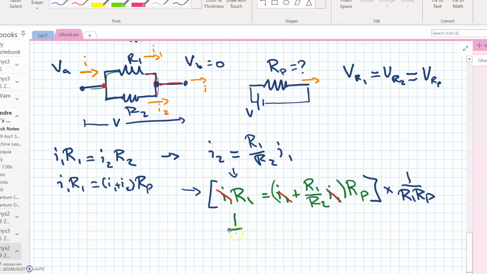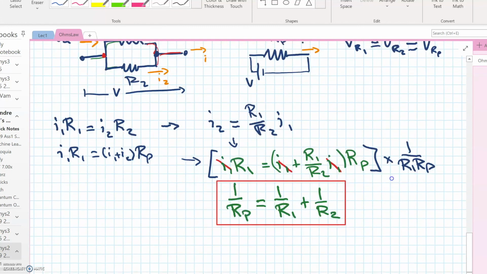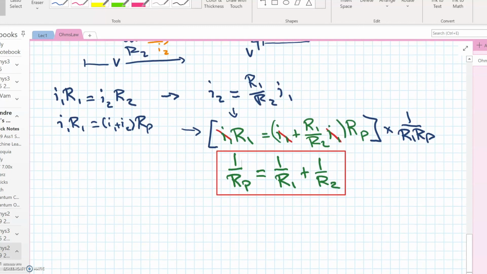And we will have 1 over RP is equal to, we'll get a cancellation of an RP here, 1 over R1 plus 1 over R2. Okay, and that's the so-called law of parallel addition of resistors.